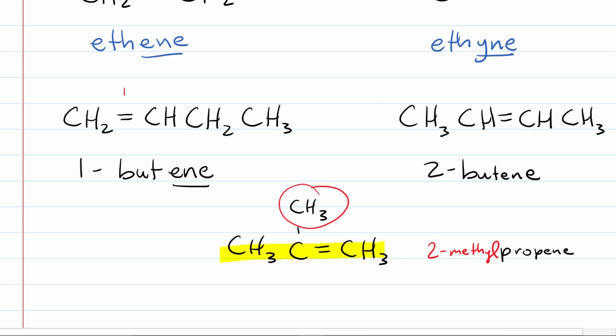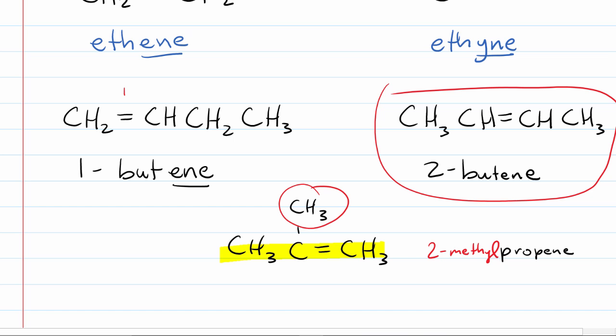What I do want to look at in a little bit greater detail is this one here, because there is one isomer that looks like this, and another isomer that, if I flip these around, will look like this. Notice that these two both have a carbon-to-carbon double bond in slot number 2.